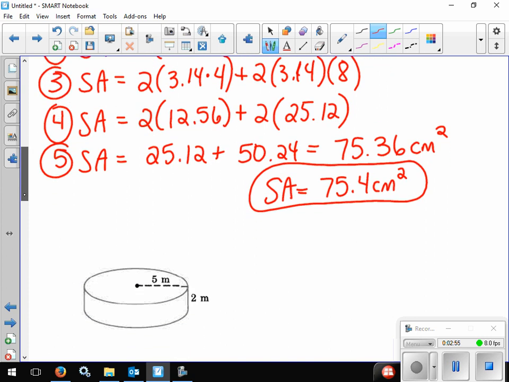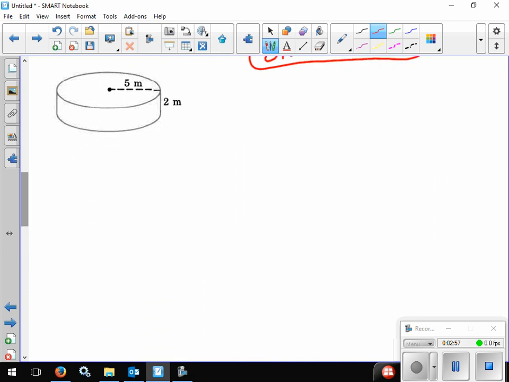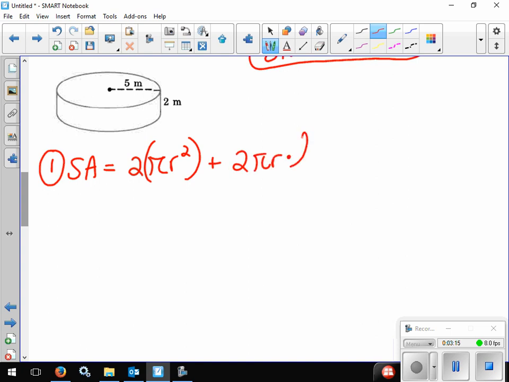Okay. All right, next problem. It's a short little cylinder. Kind of looks like a coin or something. So step 1, surface area equals 2 times pi r squared plus 2 pi r times h. Step 2, fill it in. We have 5 as our radius, 2 as our height.